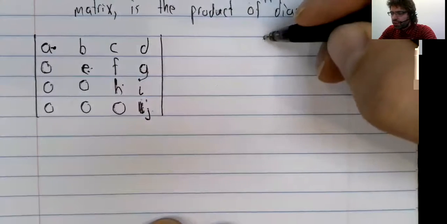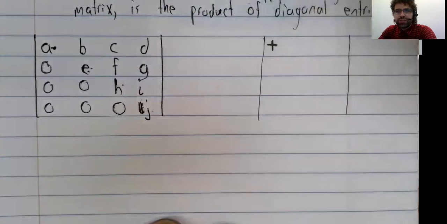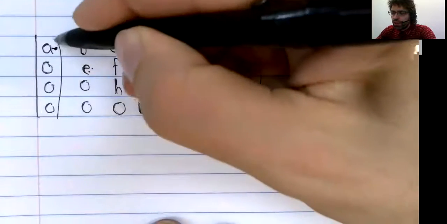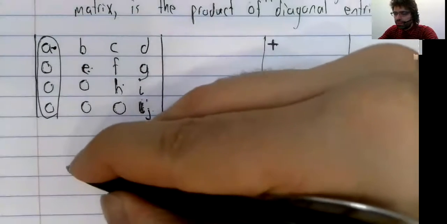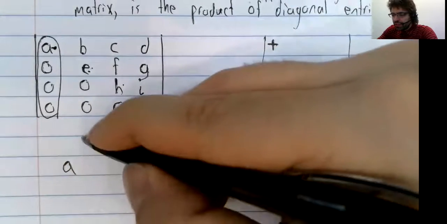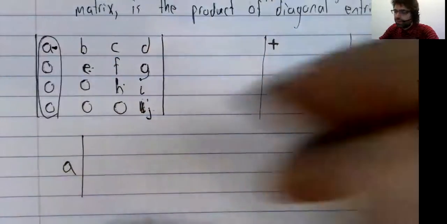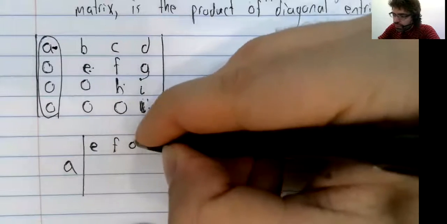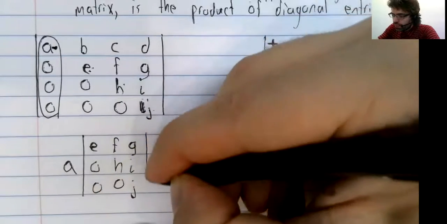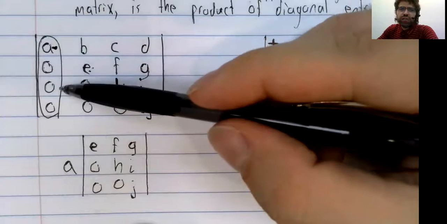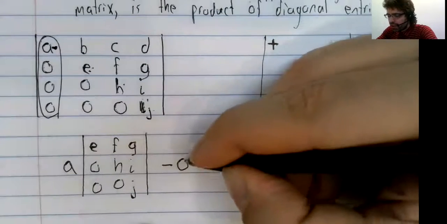Our sign chart is going to be, well, the only part of the sign chart that's going to matter is this plus up here, because we're going to select that first column, and that will give us A times the determinant of this, minus 0 times something plus 0 times something minus 0 times something.